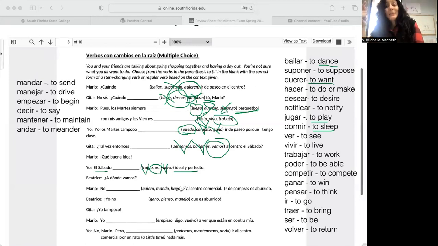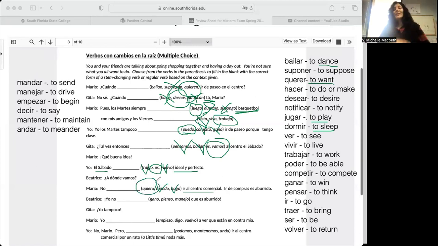Can you send them all? No, right? Because where are they talking about going? The centro comercial. You can't send them all. You can't make them all, right? So neither one of these makes sense. But can you want to go to the mall? Yes. But in this context, they're saying no, they don't want to go to the mall because shopping is boring.